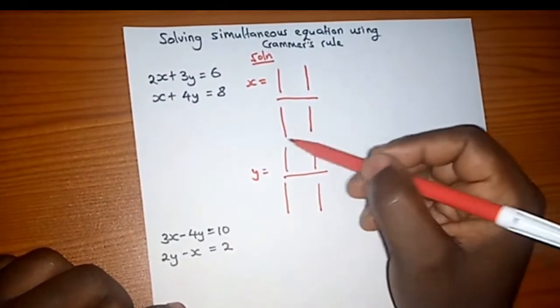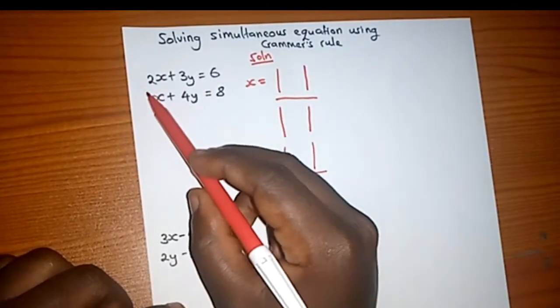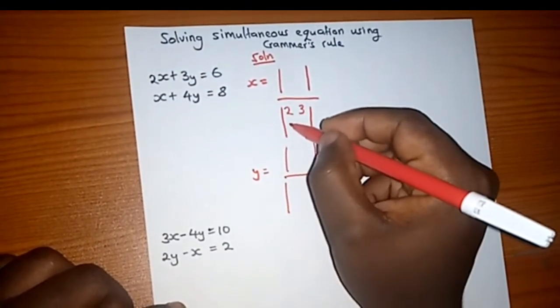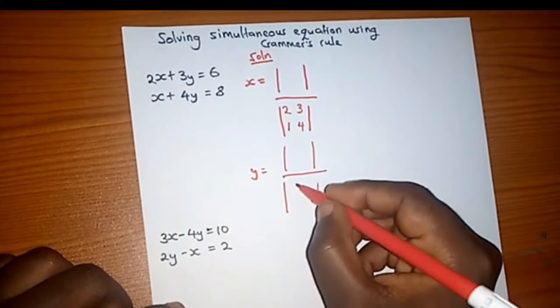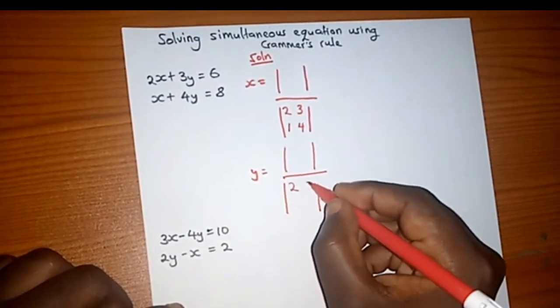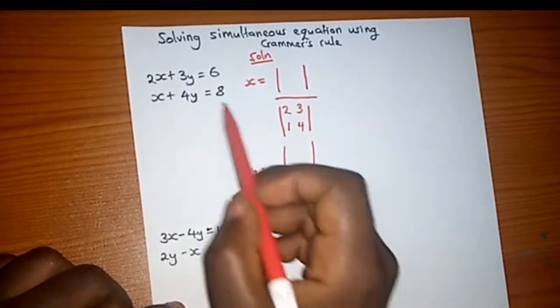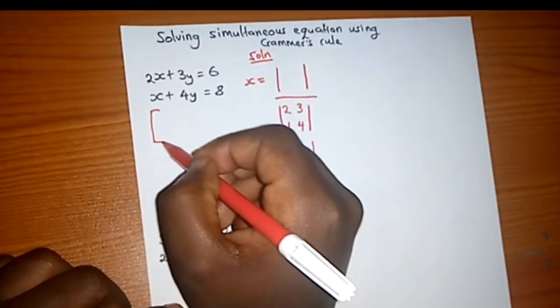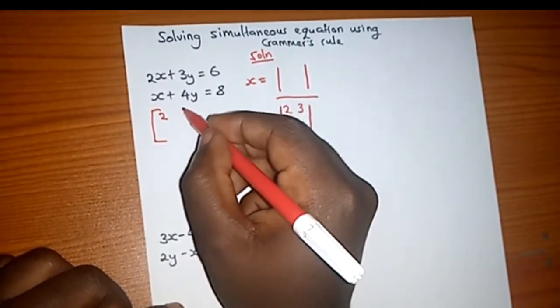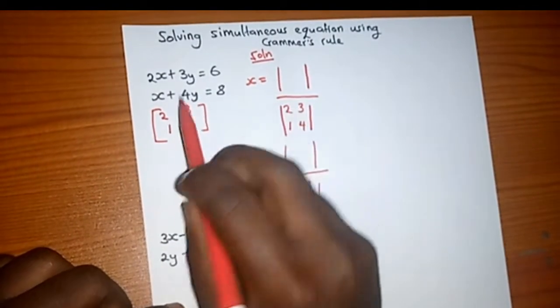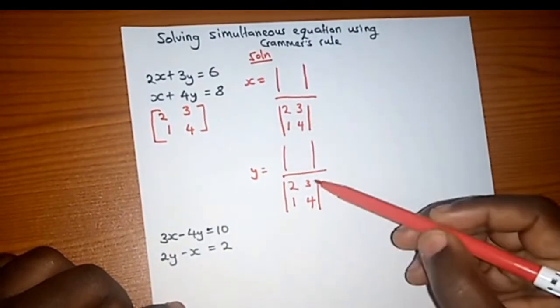Now in this lower determinant here, I'm going to write this matrix here, the 2, 3, then 1 and 4. Then also here write the same thing, 2, 3, then 1 and 4. You just write this matrix here that we form from this equation. So this matrix here is the one that gets us the denominator.